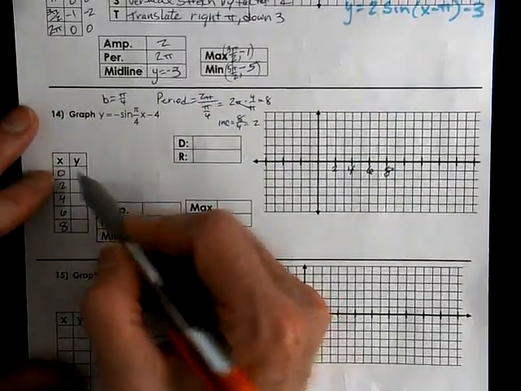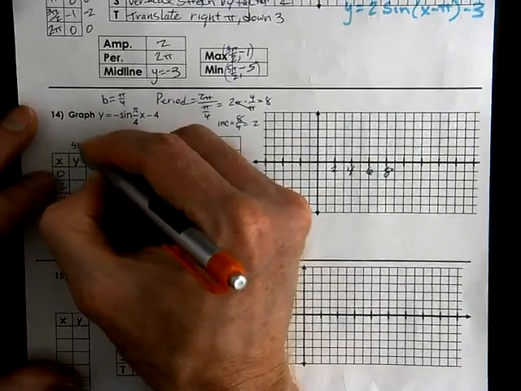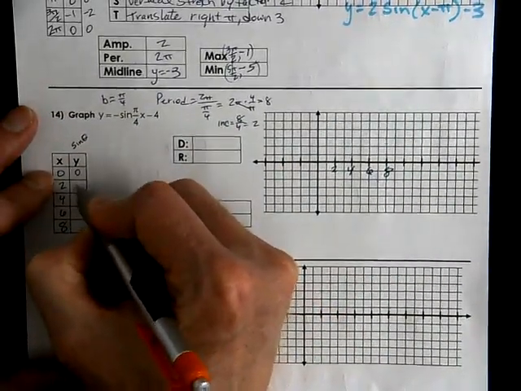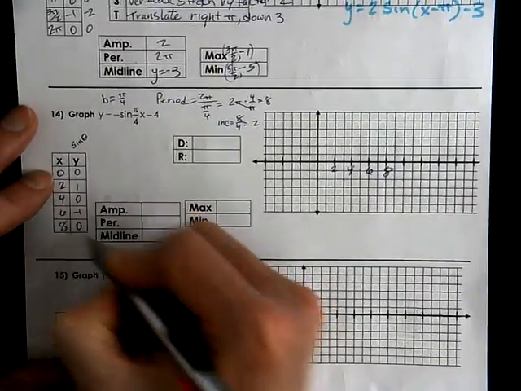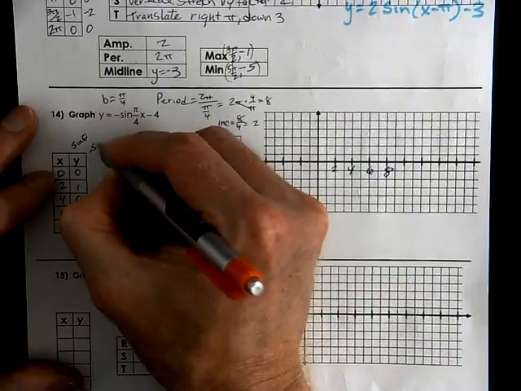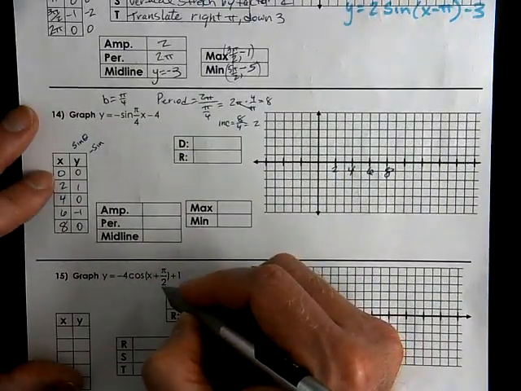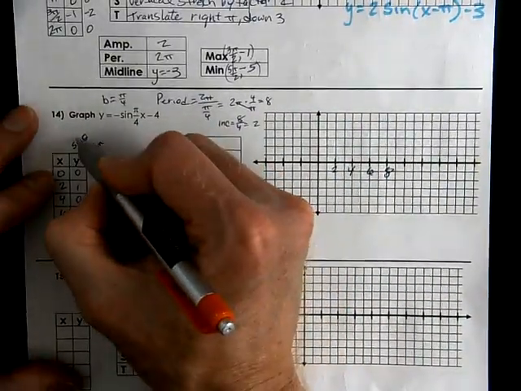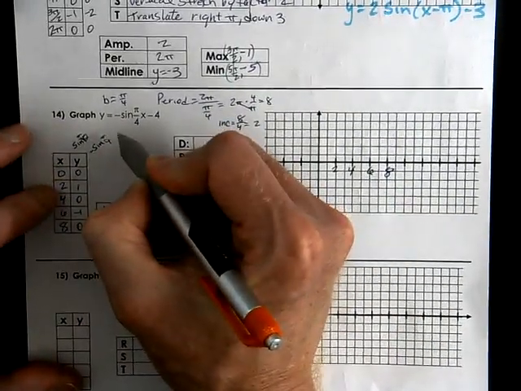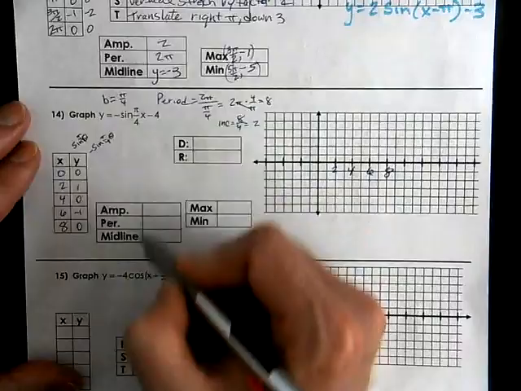If we're doing our sine graph, and this is just sine, it would be 0, 1, 0, negative 1, 0. If we're doing negative sine, now we could put our pi over 4 in front of that, I guess, since we have our x value in here.